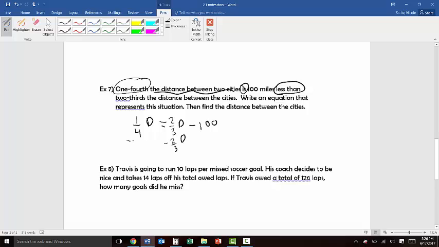We're going to subtract 2/3 from both sides because they are like terms. Okay, other fractions. So 1/4 minus 2/3 requires a common denominator, which is going to be 12. So we multiply by 3 and by 4. We get 3/12 minus 8/12, and that's going to get us negative 5/12.